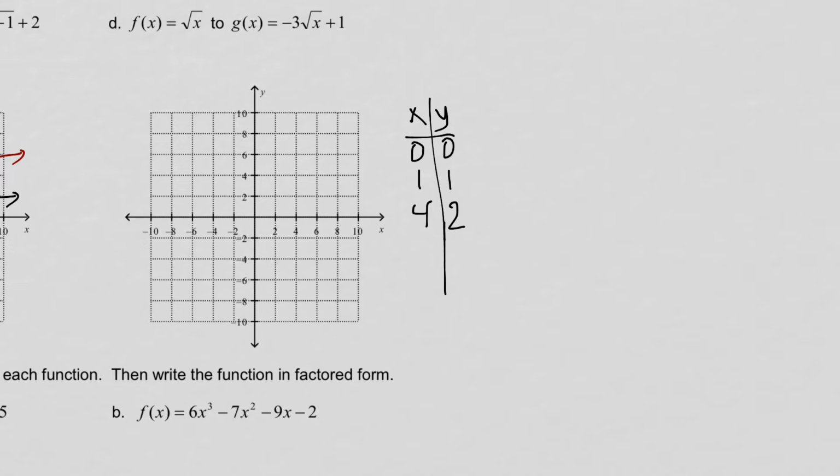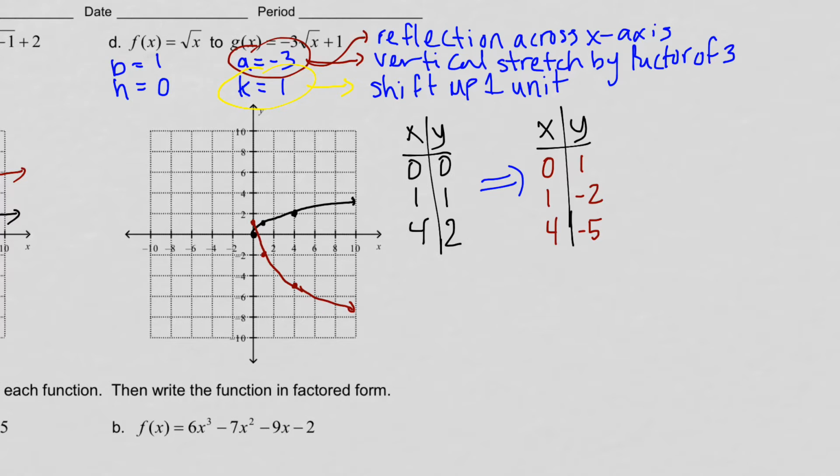That should be enough. No negatives in the x values because you cannot plug a negative into the radical without getting imaginaries, and we don't care about imaginaries when we're graphing. Okay, go ahead and use that parent function table, find B, H, A, and K, and then go ahead and transform it.